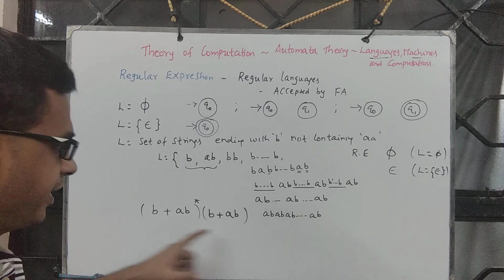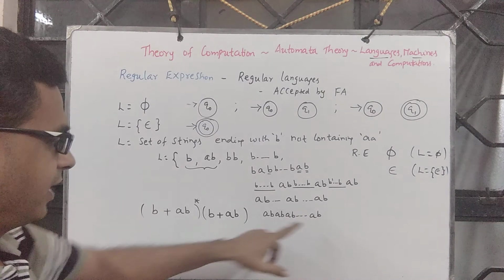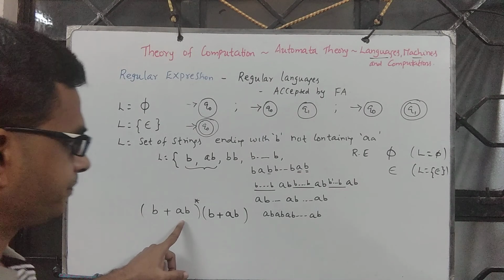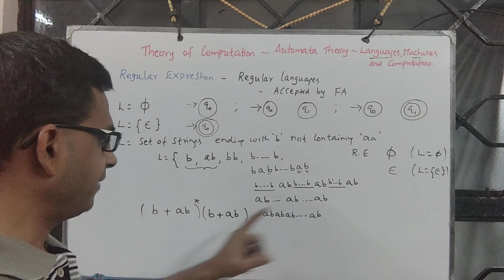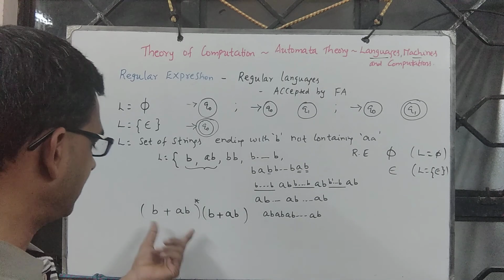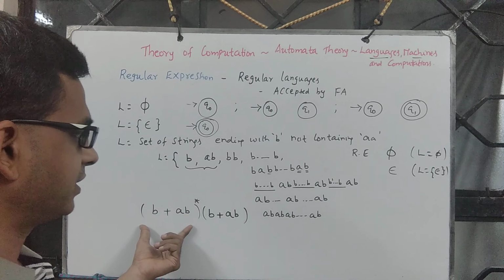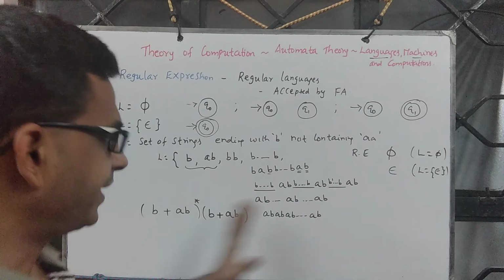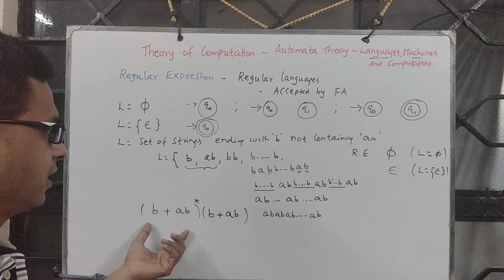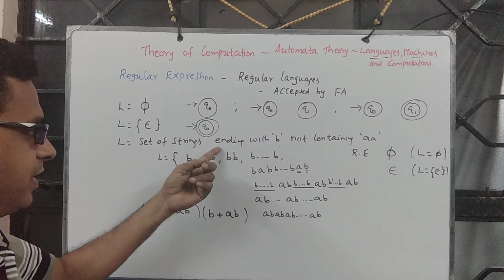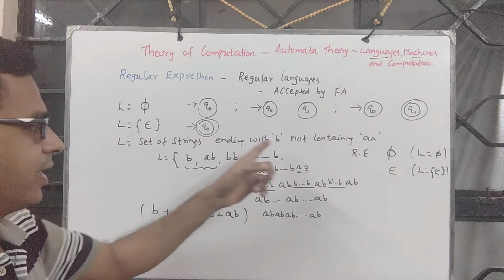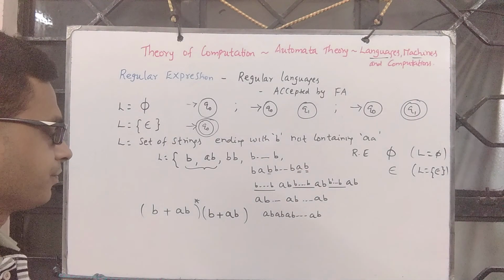And if you have so many copies of AB, then the last copy comes from this, the rest come from this. If the string is going to end with AB, then take AB from this, and the rest of them we can generate from this. So this clearly tells you that here is a regular expression for the language not containing AA and ending with B.